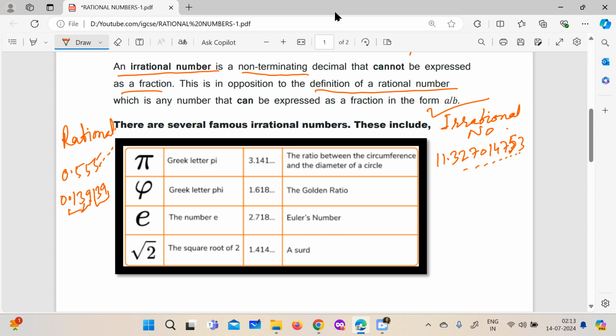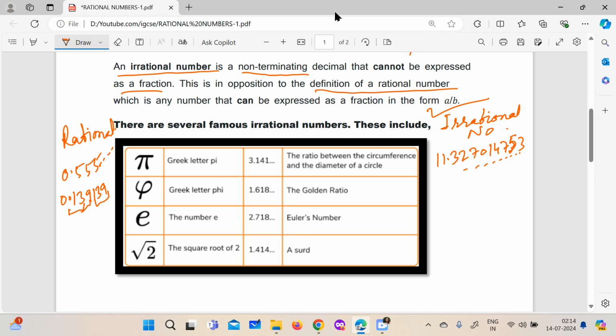So you can say this is non-terminating, or recurring, and there is no pattern. When there is no pattern and it is recurring, then we call it an irrational number. Because they are non-terminating and there is no pattern, we cannot express it in the form of a over b, right?